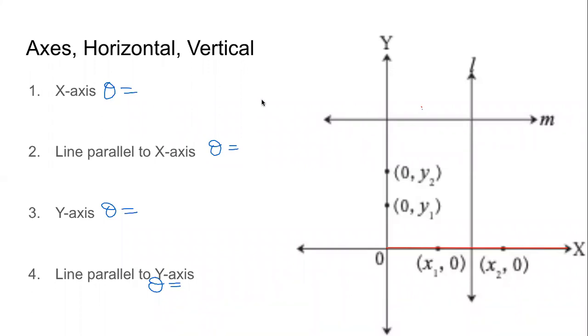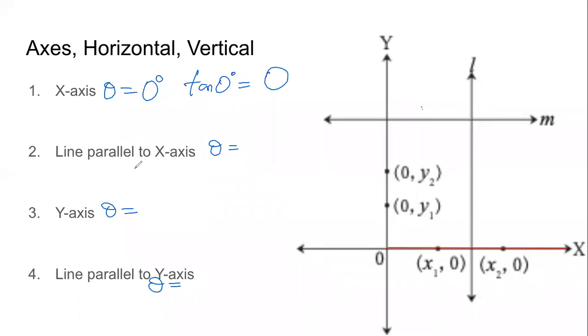The angle that we get is a 0 degree angle. So the slope of x-axis will be tan 0. Tan 0 is 0.